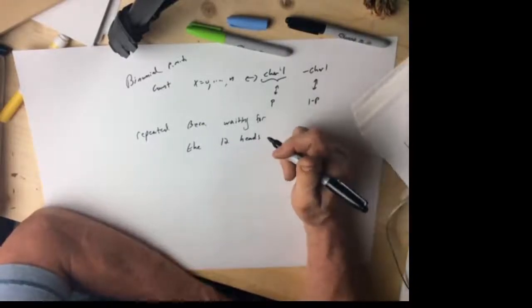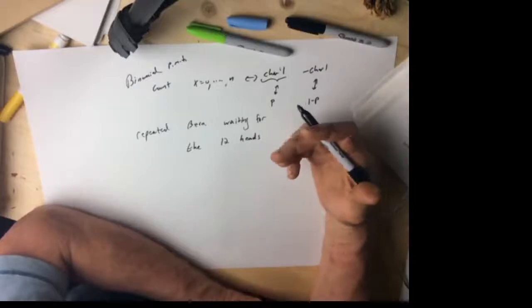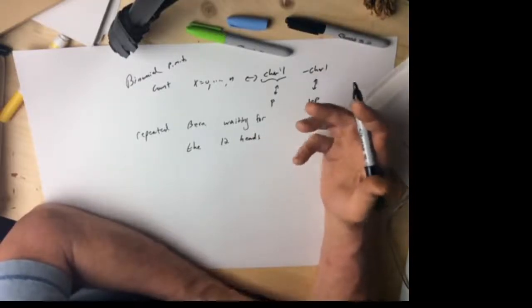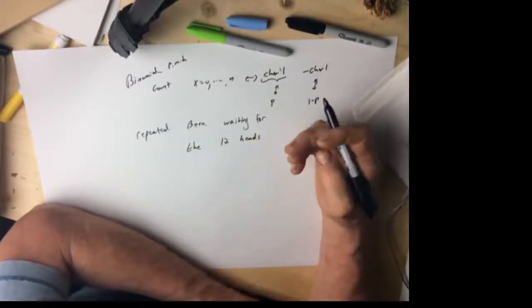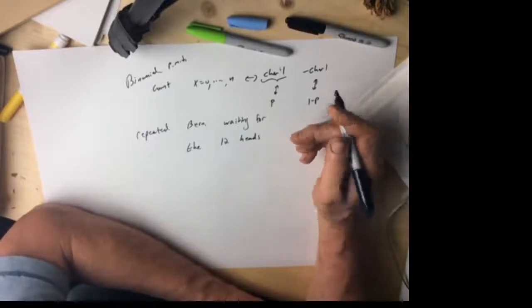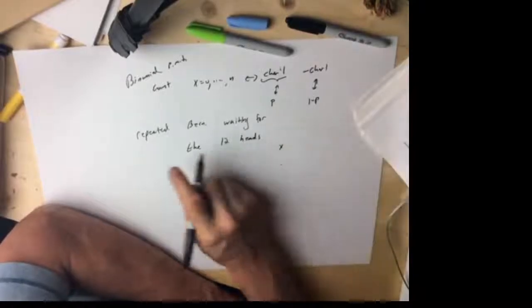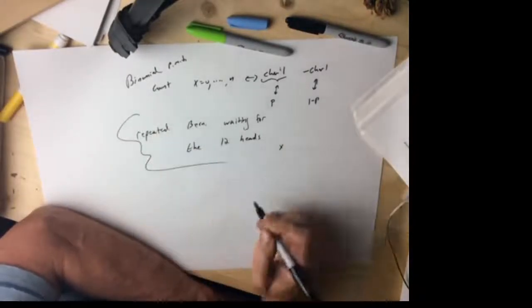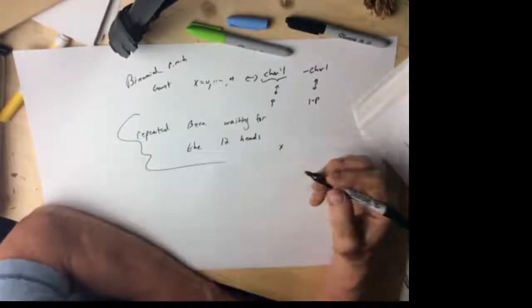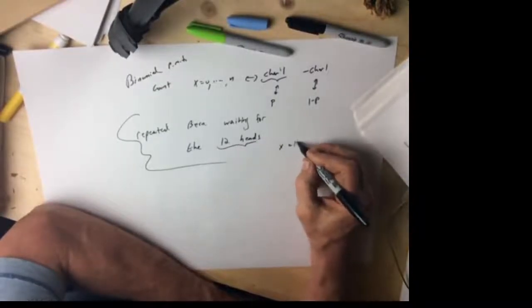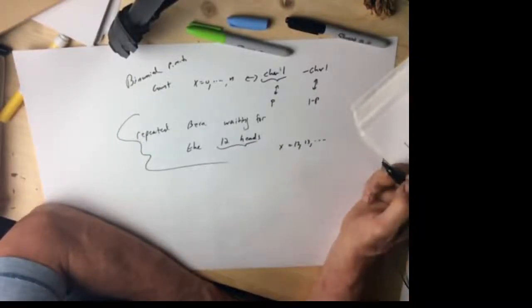Well, first off, the probability of it happening before 12 is impossible. It's 0. You can't get 12 heads if you only flipped a coin 10 times. So obviously, the domain of whatever function we do here when we're waiting is going to start at this count and then go up by 1.